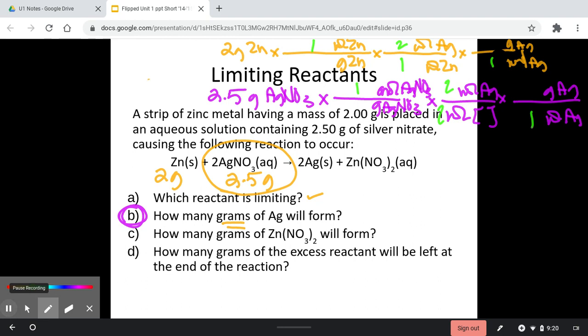And then mass of silver and mass of zinc. Okay, so zinc is 65.39. Silver is 107.87.